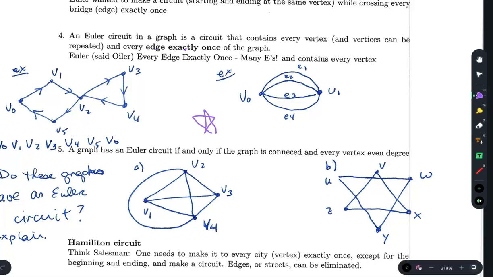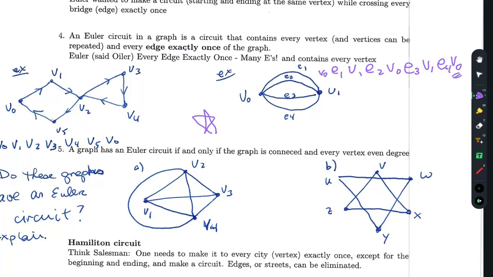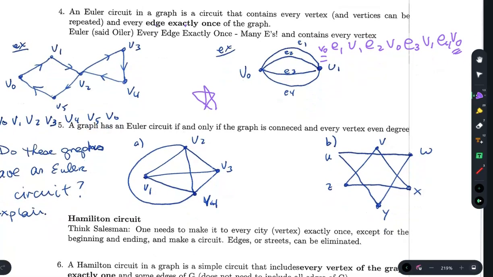If I want to get all of these edges, I could start at V0 and go over on the road of E1 to get to V1, then go back on E2 to get to V0, then go back on E3 to get to V1, and then go back on E4 to get to V0. So it's a circuit because I start and end at the same place. And so that is an Euler circuit.